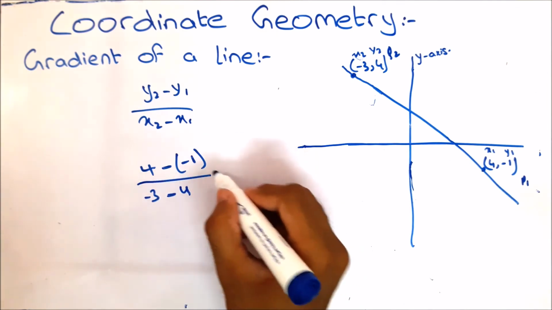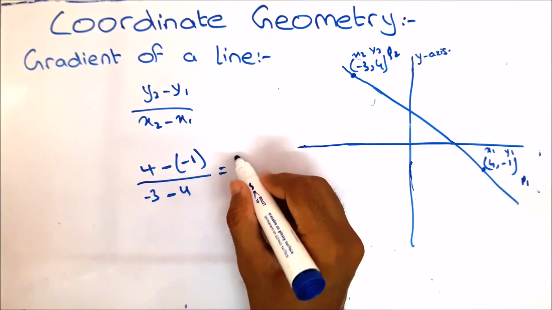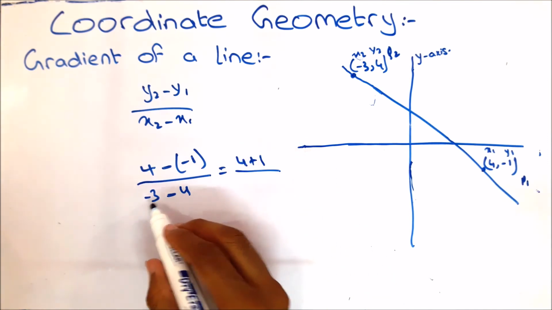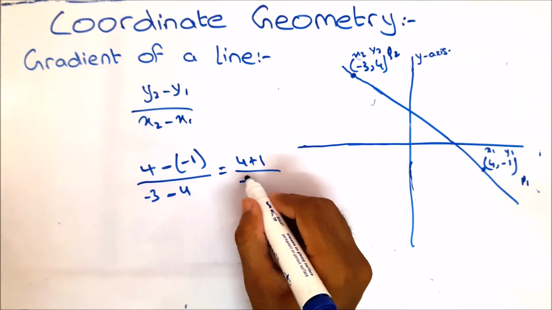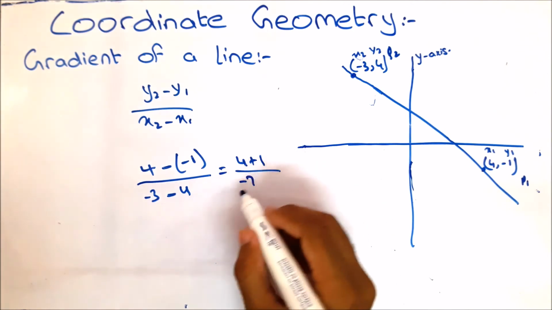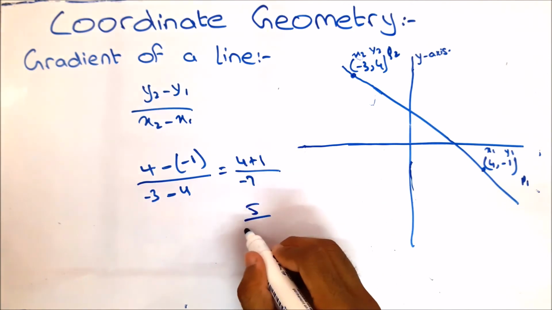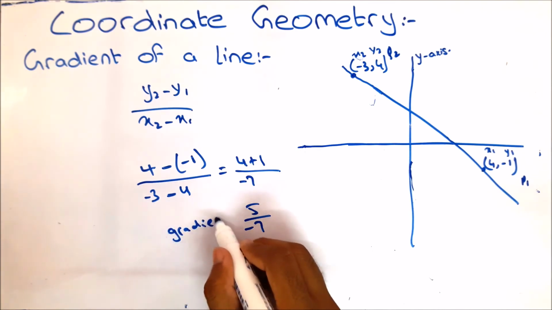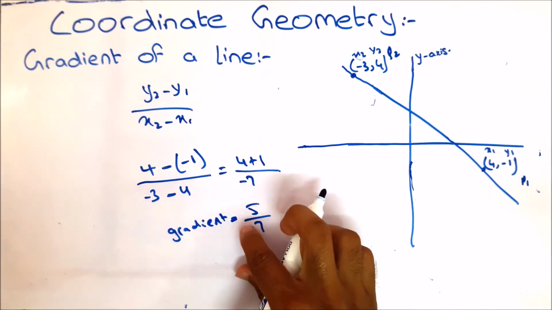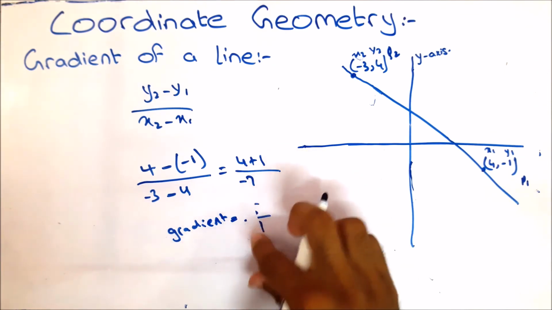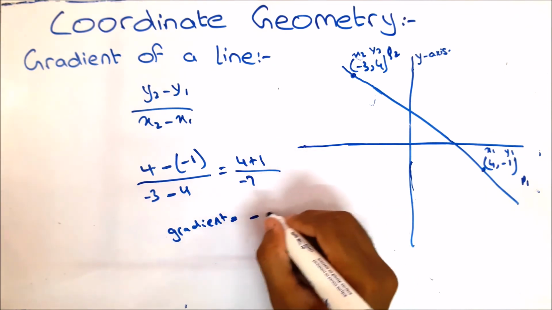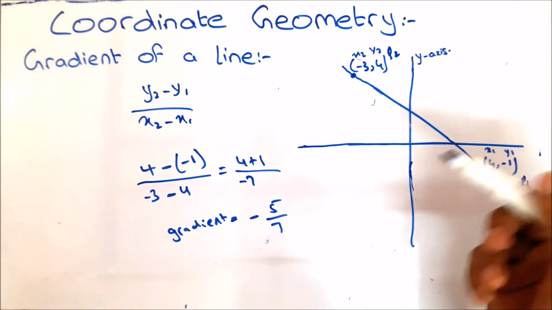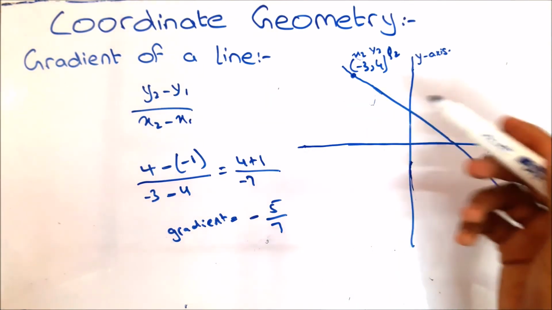When we solve it we get 4 plus 1, which is 5, and minus 3 minus 4, which is minus 7. So we get 5 divided by minus 7. This is our gradient, which becomes overall minus 5 divided by 7. As I told you, this is negative. This is how we find the gradient of a line on an xy plane.